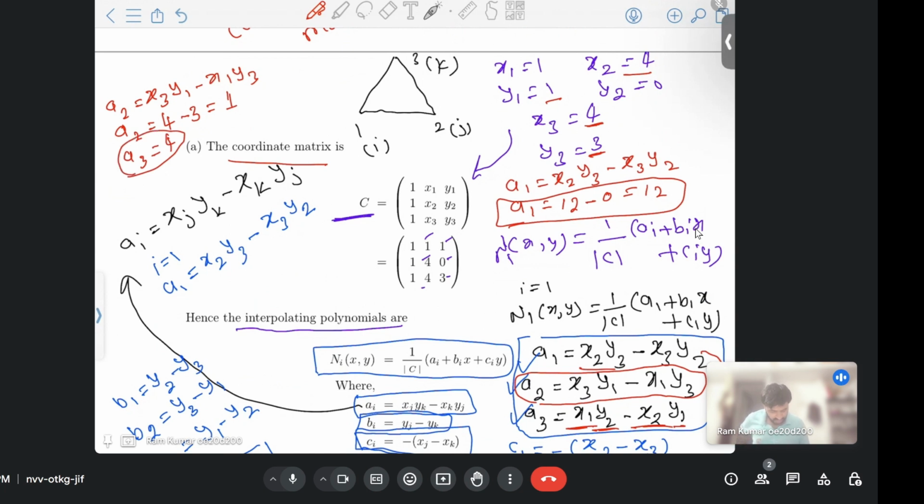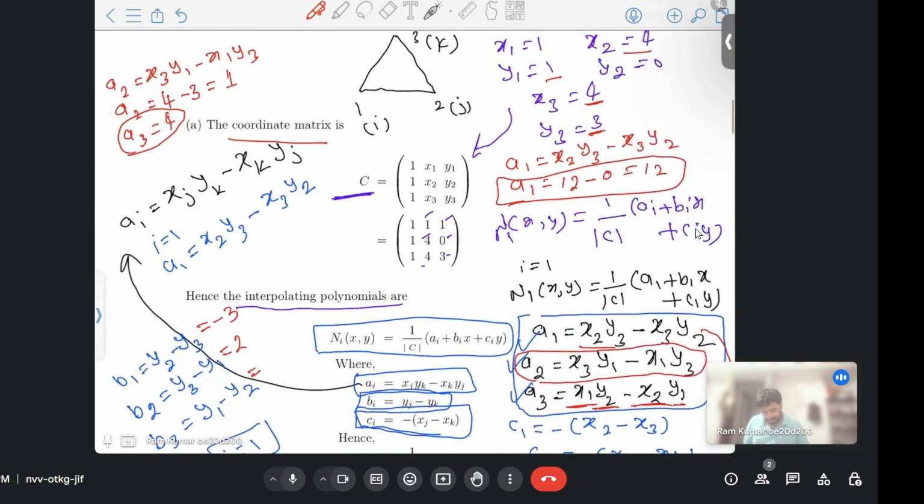Now we have to find b1. b1 means y2 minus y3, which is 0 minus 3, so minus 3. Then b2 equals y3 minus y1, 3 minus 1 equals 2. Then b3 equals y1 minus y2, which is 1. So we got all these b1, b2, b3.